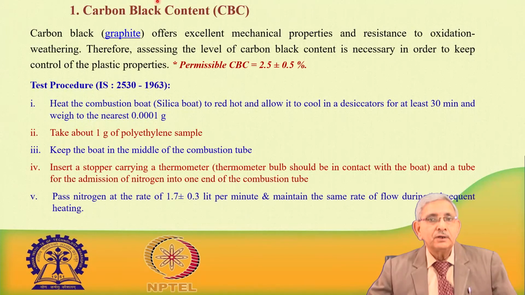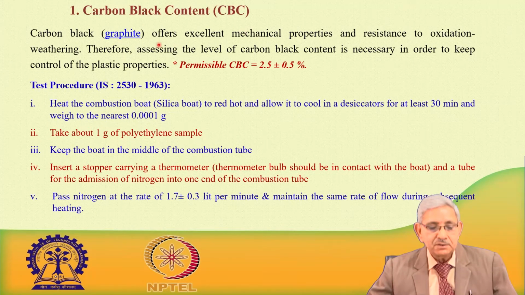So, when it comes to the carbon black test, carbon black offers excellent mechanical properties and resistance to oxidation and weathering, and the test is used to assess the level of carbon content, which is important to keep control of plastic properties. So, what is the permissible limit of carbon content?